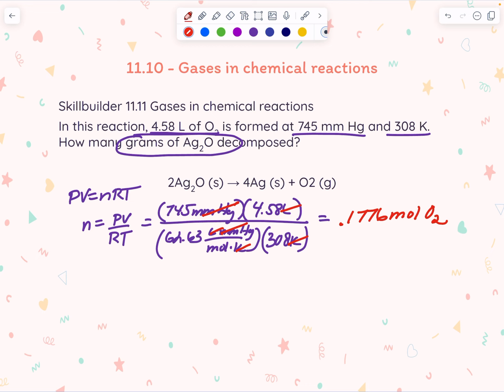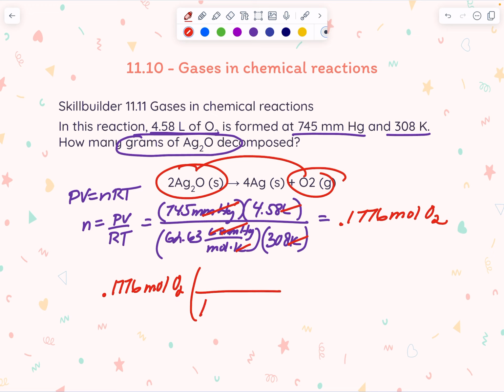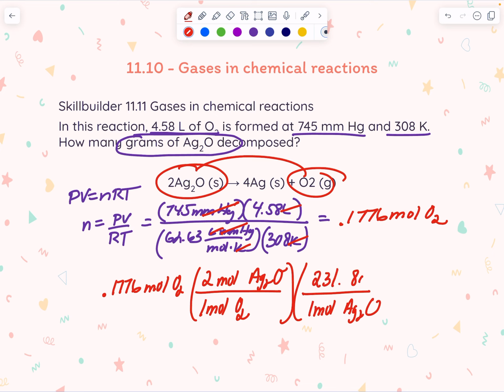But the question is asking me about grams of silver oxide, so I need to relate those two. 0.1776 moles of oxygen gas, according to the balanced chemical equation, 1 mole of oxygen gas will require 2 moles of Ag2O, and then 1 mole of Ag2O has a mass of 231.8 grams. So now my moles of oxygen cancel, my moles of silver oxide cancel.